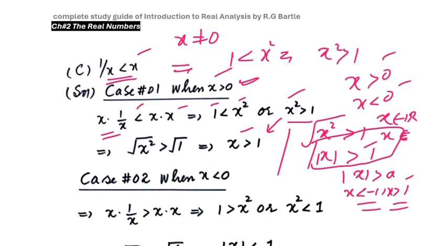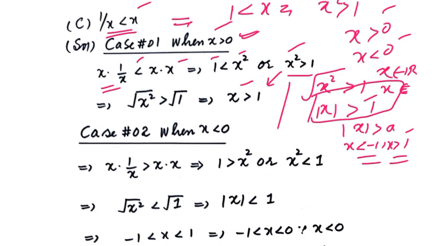Next, when your x is less than 0, when you multiply this inequality by x, it will reverse the sign. Now the sign will become greater than, or this can be written as 1 greater than x square, or x square less than 1. So by taking square root on both sides, this gives absolute x less than 1.